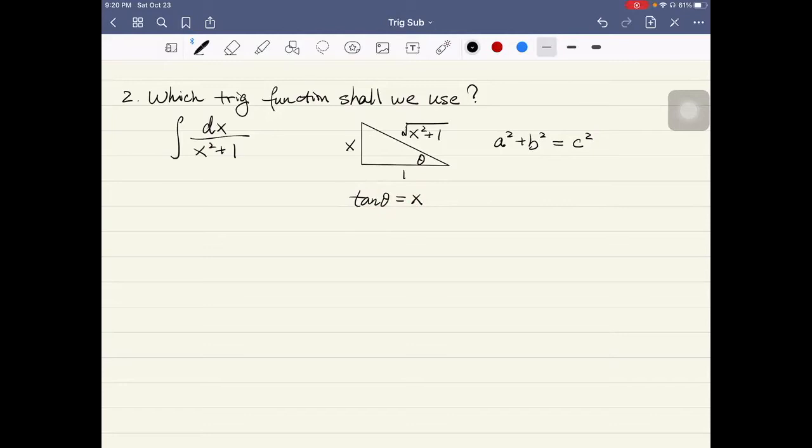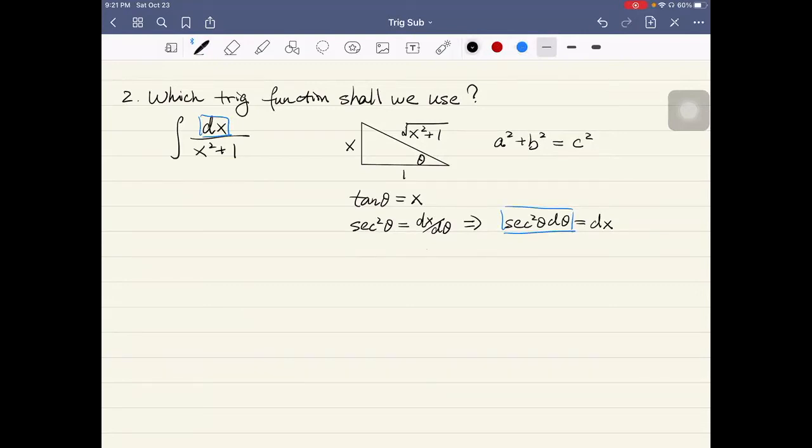So on the left, we have secant squared theta. On the right, we have dx by d theta. And then we can multiply d theta on both sides. Then we have secant squared theta d theta equal to dx. Okay. Now, basically, we can write dx as secant squared theta d theta.